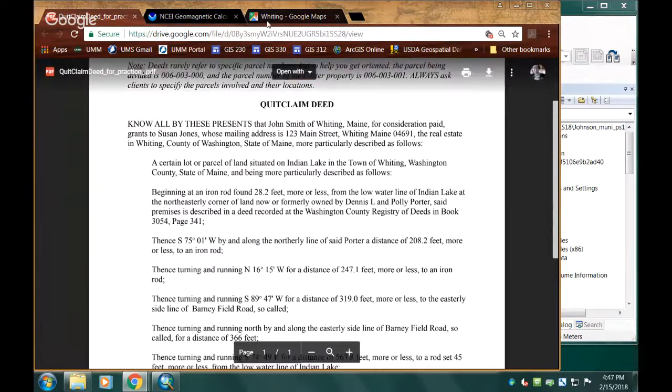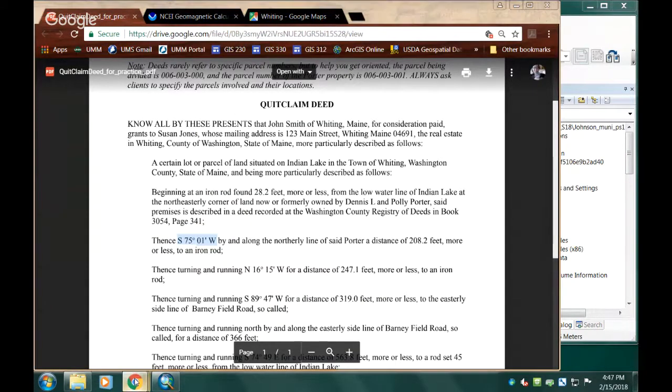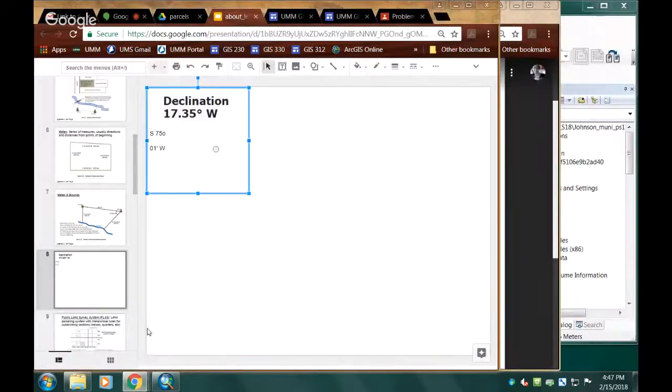Oh my gosh, I gotta get more sleep. So south 75 degrees, 1 minute west. I'm going to copy that if it'll allow me. I'll paste that in here. It does allow me. That's good.